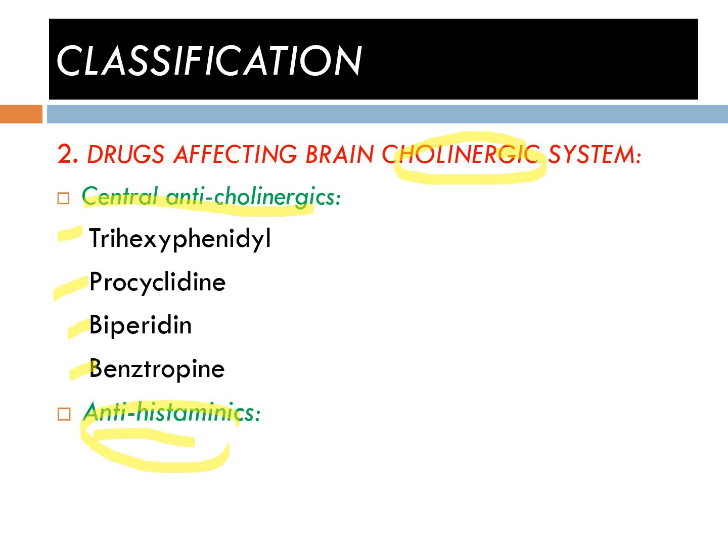How? Because they are not affecting the acetylcholine, they are not affecting the alpha 1 effects. So over here among antihistaminics, we have orphenadrine and promethazine. So regarding the classification, the key point is we have to give the drugs which either increase the level of dopamine or decrease the level of acetylcholine.